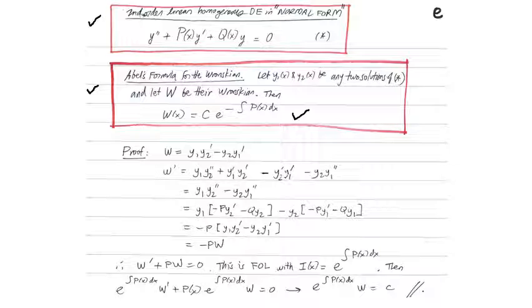The proof is actually fairly straightforward, and it's a nice application of things we were doing in the previous chapter. So we'll go ahead and look at the proof of Abel's formula before going on.